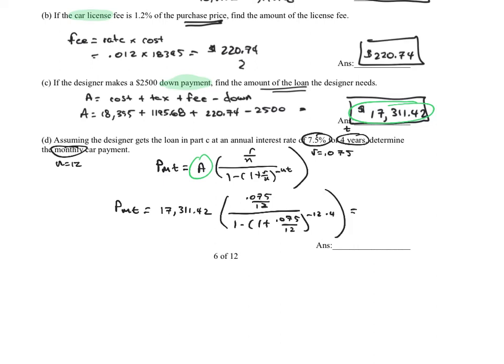Plug all that into your calculator. It will take a moment. Please be very, very careful. Round to the nearest cent. When I do this, it looks like I'm getting $418.57. Again, I cannot tell you how important it is for you to plug this into your own calculator. The number one mistake is not actually the numbers, it's plugging it into the calculator and getting the right answer.